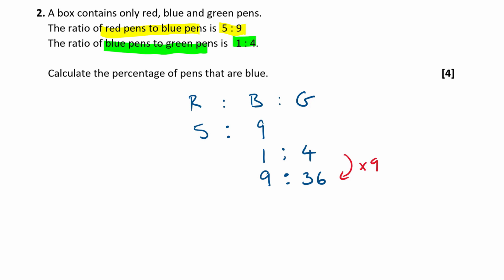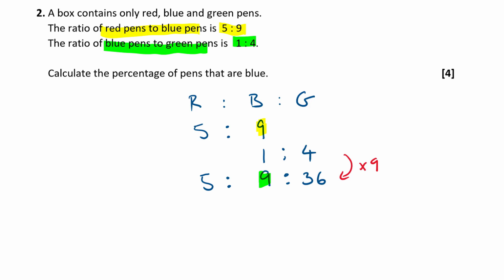Okay, and you'll see now that that 9 there matches with that 9 there. So that means I can bring down this 5 and write it in here. So I've got a kind of super ratio now that's got all 3 bits included. So the ratio of red to blue to green is 5 to 9 to 36.